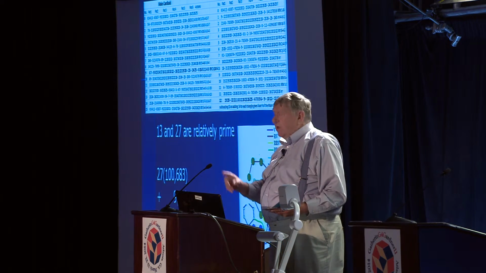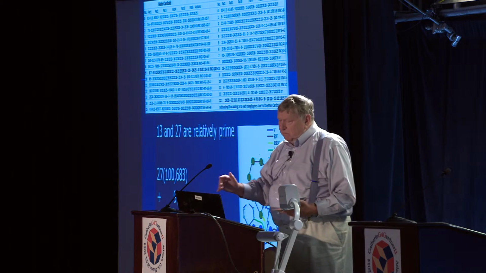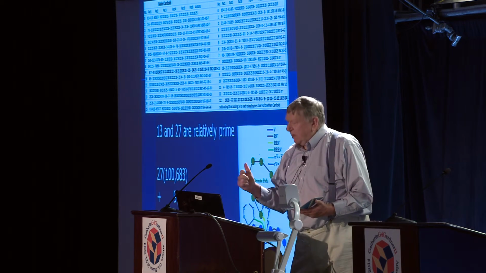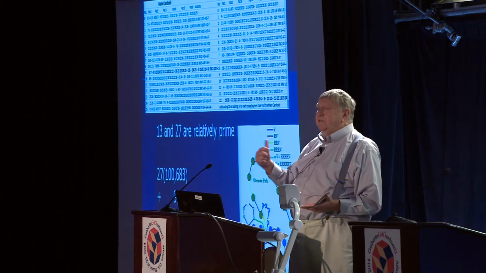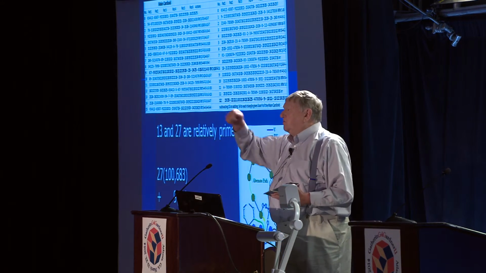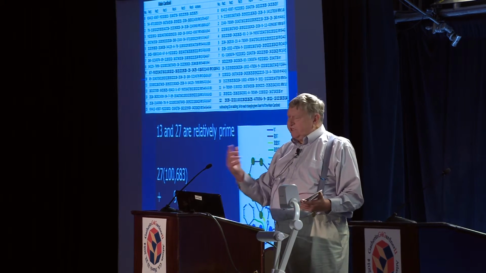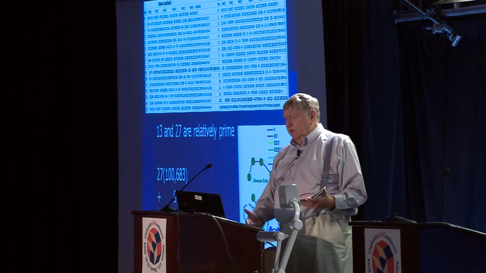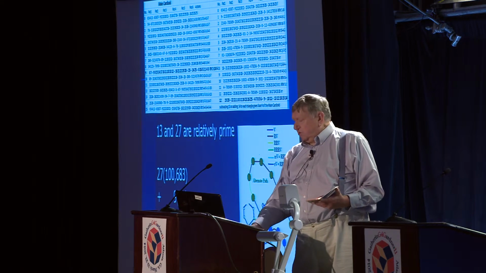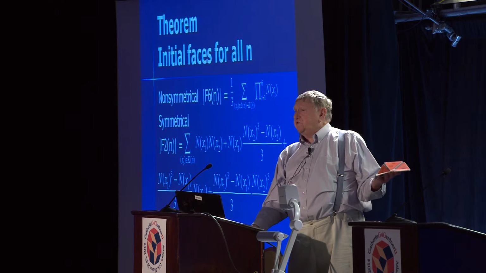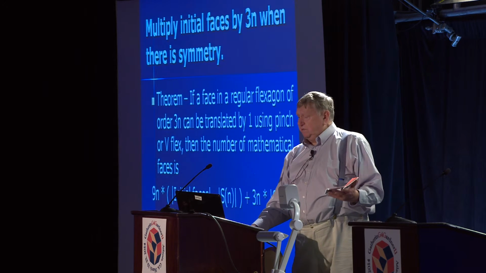And lo and behold, the numbers on the triangles end up being off by 13. So 13 and 27 are relatively prime. You can just go through there 27 times and get 26 more face number 9s. And so that number is correct. This is for all n for the initial faces.